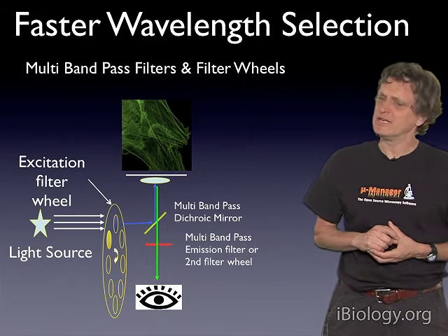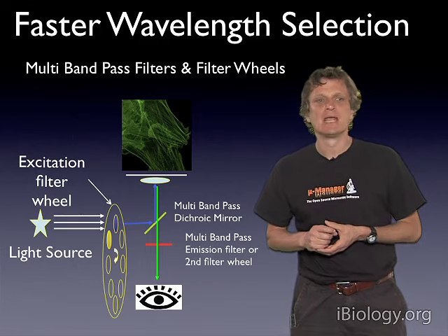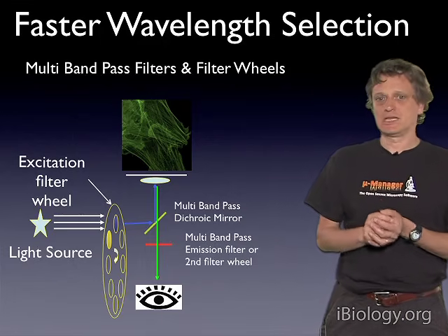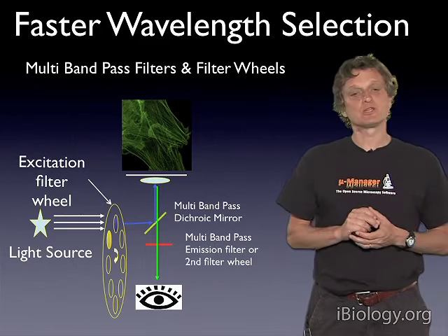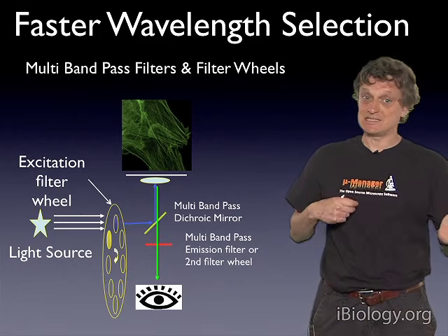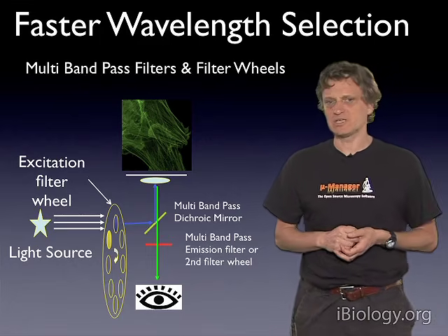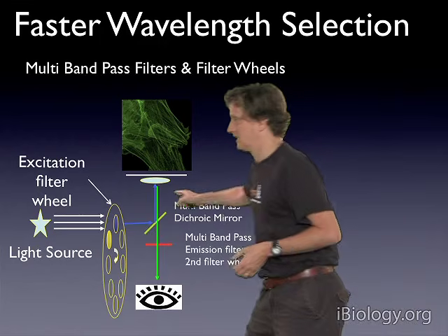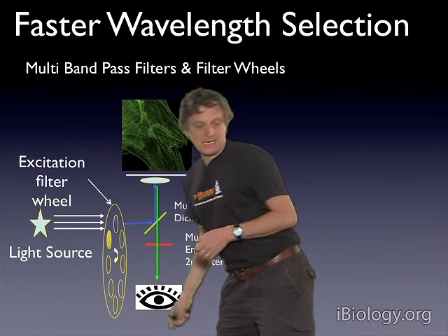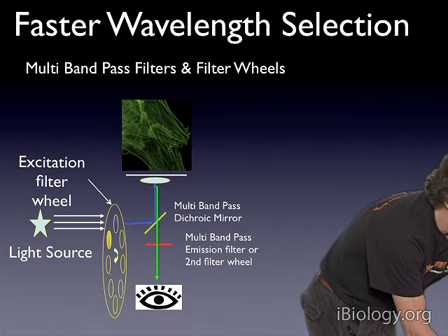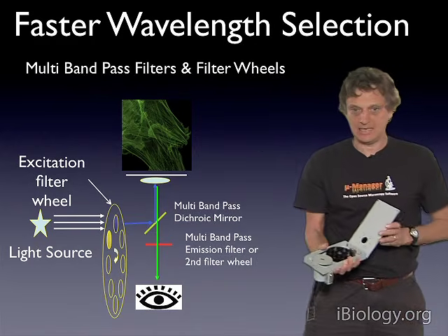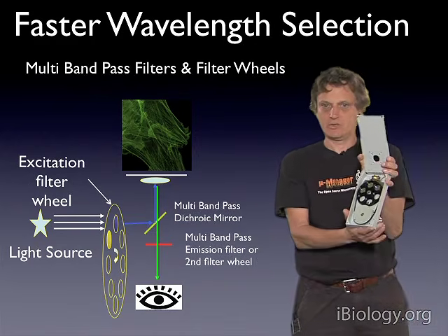Those are all bad things and things you don't really want. So instead of using these filter turrets, what you can do is put your excitation and possibly also your emission filters on a filter wheel. Now I brought such a filter wheel and can show that to you here.